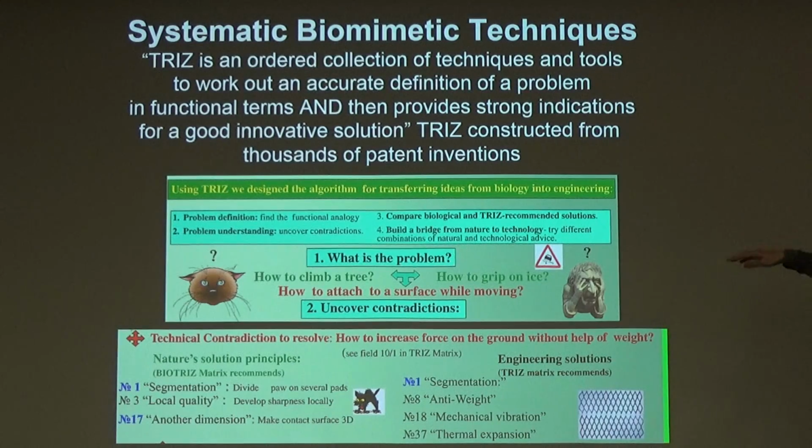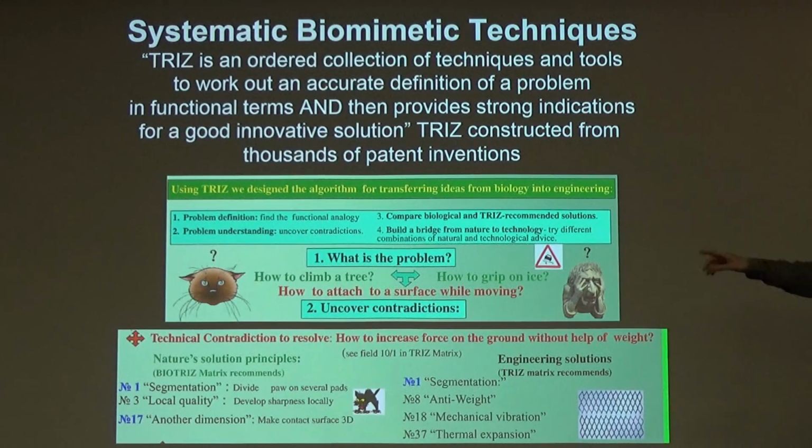So you go to the next stage, you uncover the contradictions on how to climb a tree or how to grip on ice. So there's a table, so it gets a little bit mathematical, but there's tables that you can relate to. And these tables have the nature solutions that can resolve these conflicts.